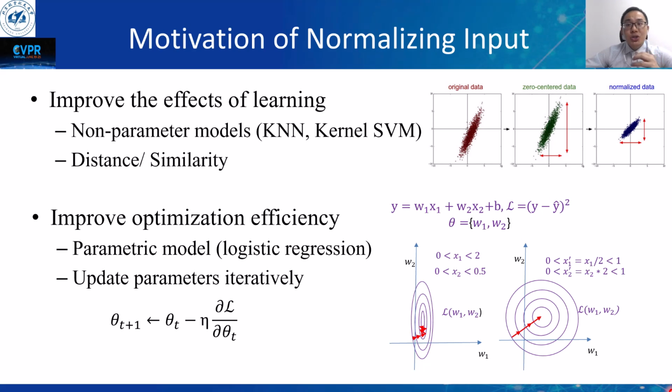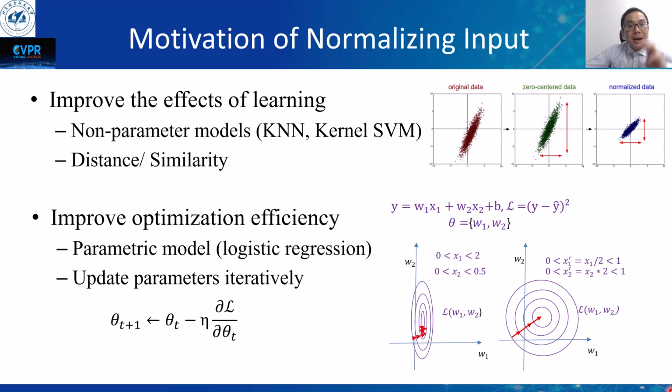If some dimension dominates, for example, the range of one dimension is between 0 and 1, while another dimension is between 0 and 1000, then the distance or similarity will be dominated by the dimensions with large ranges. This will affect the performance of the learner.